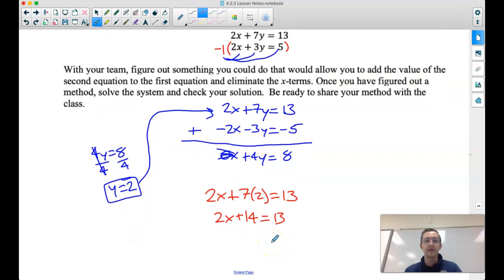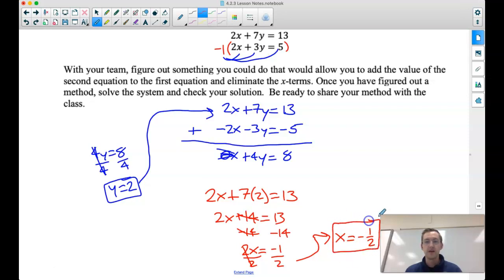To get x by itself, we subtract 14 from both sides. The 14's cancel on the left, and 2x is equal to -1. Last thing, divide by 2, and x is equal to -1/2.